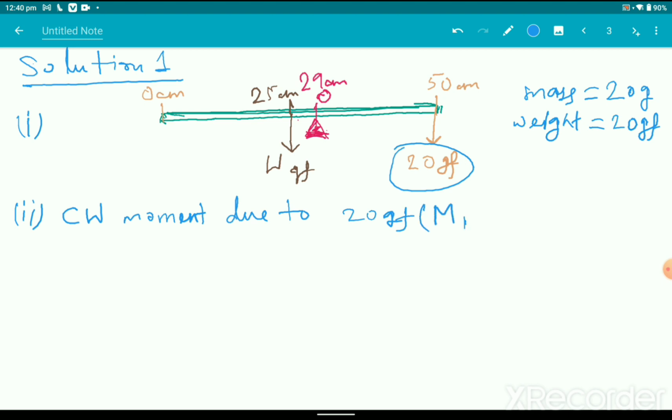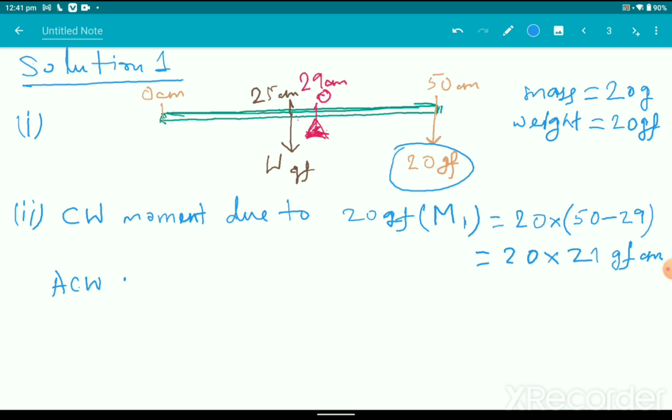So that will be 20 into 50 minus 29. Why am I taking 29? Because the 29 centimeter mark is my pivot point. So it comes out to be 20 into 21 gf centimeter.